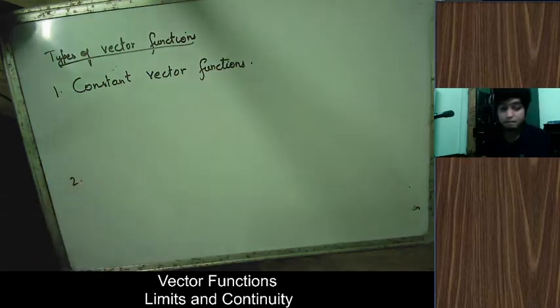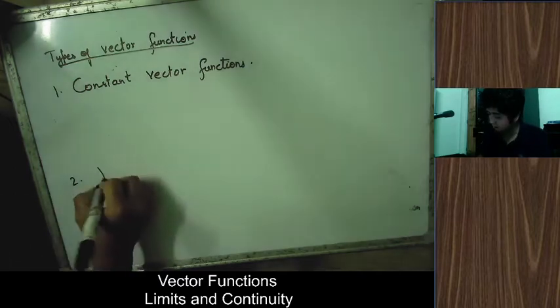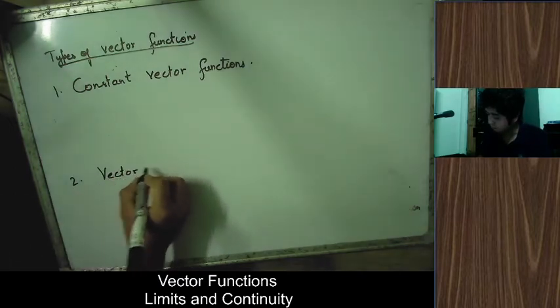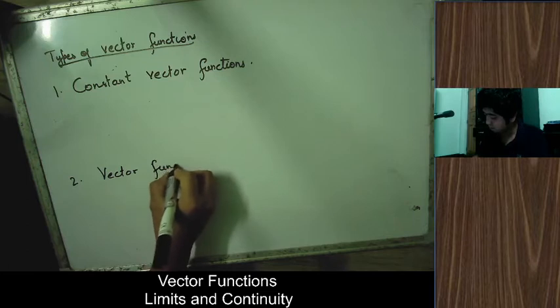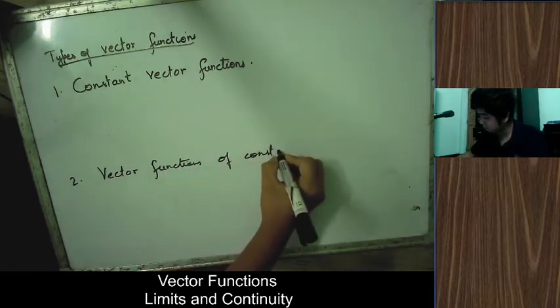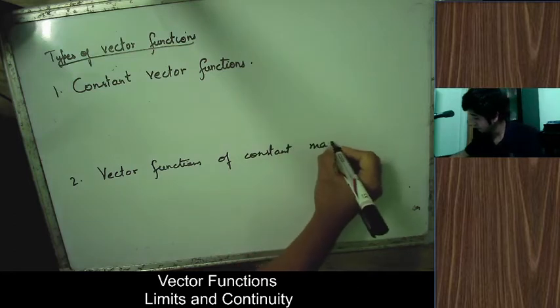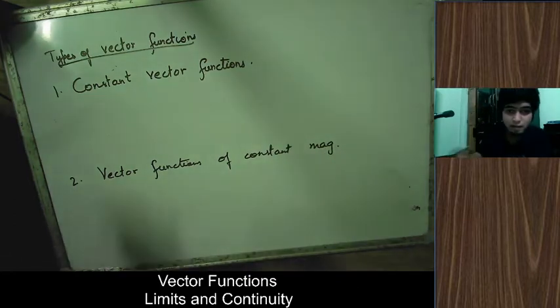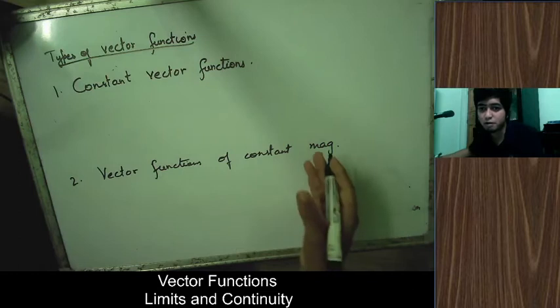Number 2, vector functions of constant magnitude. And number 3, vector functions of constant direction.